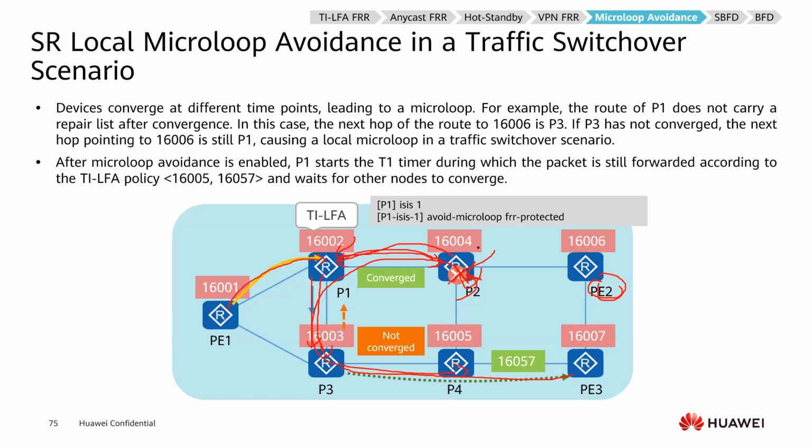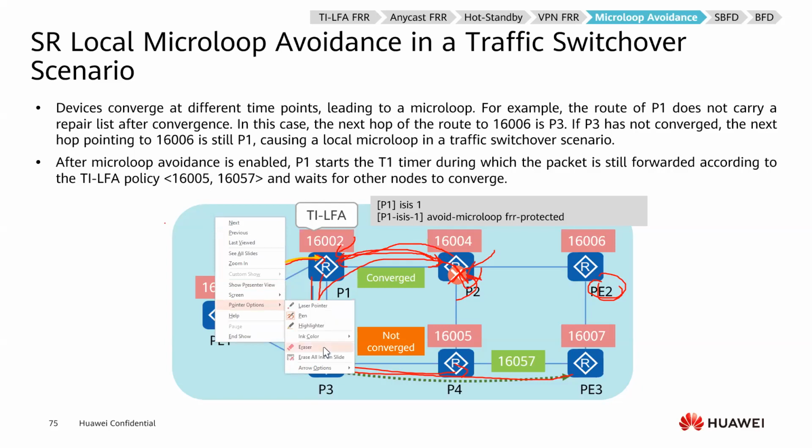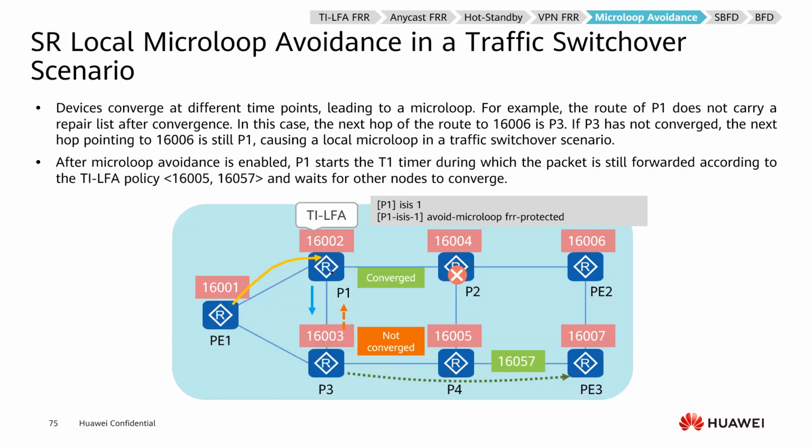So during this time, we can use micro loop avoidance to prevent this. Okay, but this is just one example, one scenario for the micro loop. There are many. Tomorrow, when we talk about SRv6, we will talk about more scenarios where you will run into this micro loop situation.